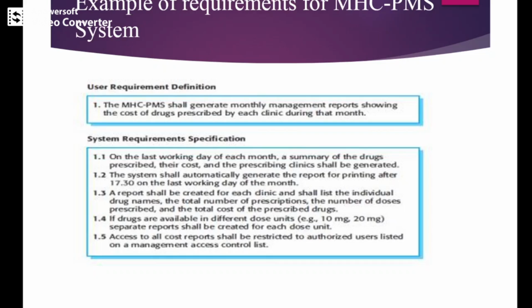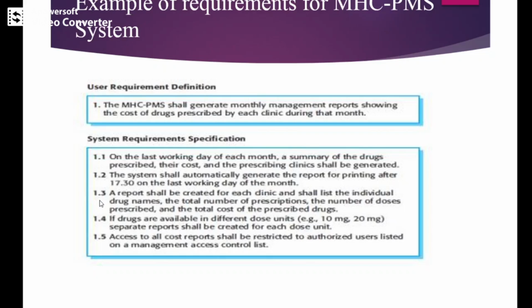Here it clearly tells the last working day of each month. See how detailed it is. It's not on the 29th or 28th, it's on the 30th, the last date. And the timing also they have told: on the last working day after 5:30. So see here there is a timing constraint.